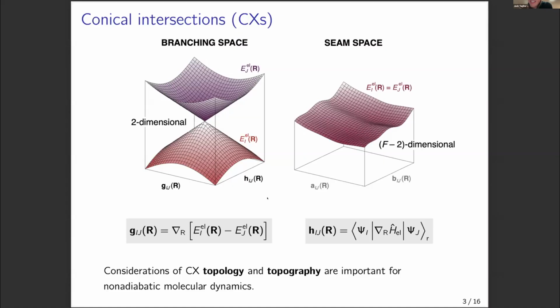So whether we do indeed get a conical F-2 dimensional intersection as shown on this slide here, or whether we simply get two intersecting surfaces, hopefully you can see my hands, where you get a linear F-1 dimensional intersection. Topography refers to the shape of those potential energy surfaces in the vicinity of the intersection.